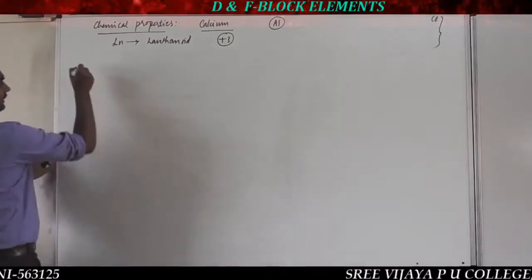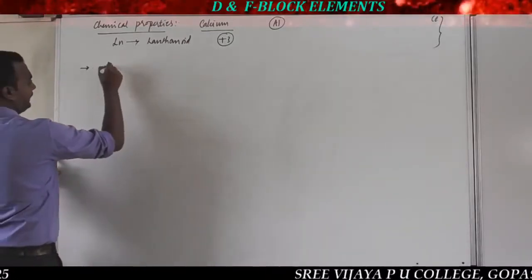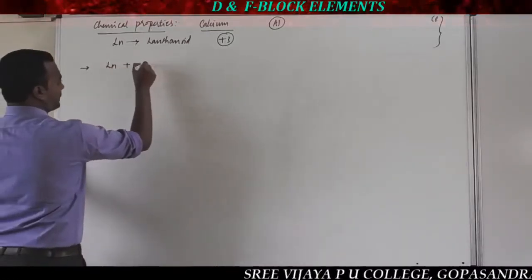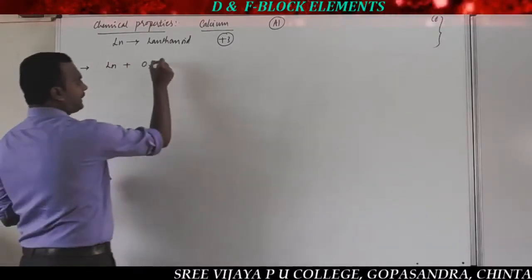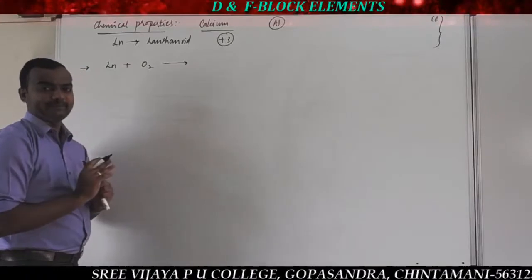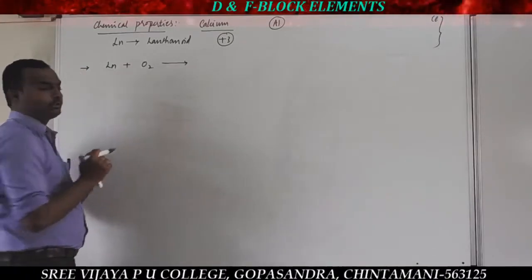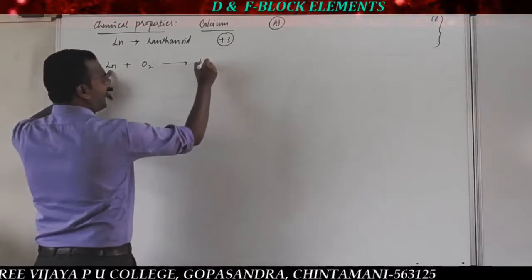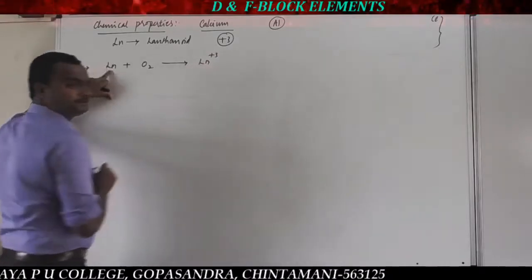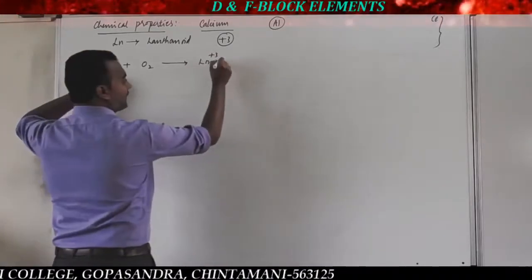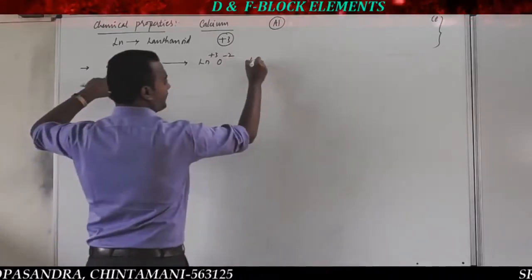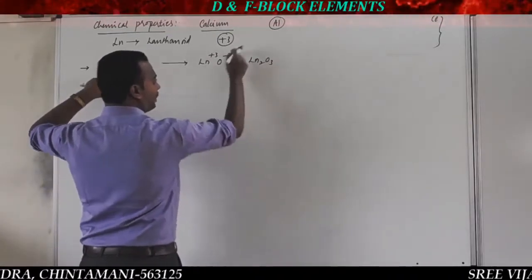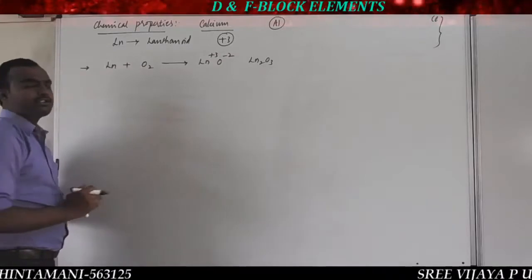So the first reaction is lanthanide reacts with oxygen. Usually any element or metal reacts with oxygen to give oxides. Lanthanide has the oxidation state +3 and oxygen has -2, so we write the formula as Ln2O3, with the charges crossed over. Now balance the equation.